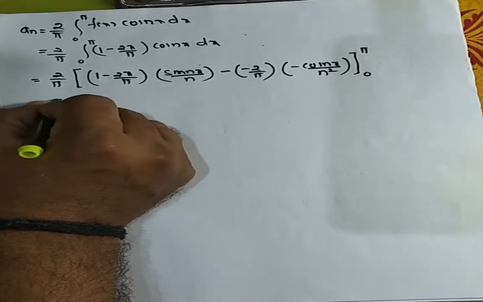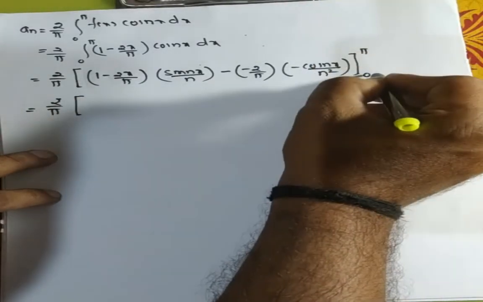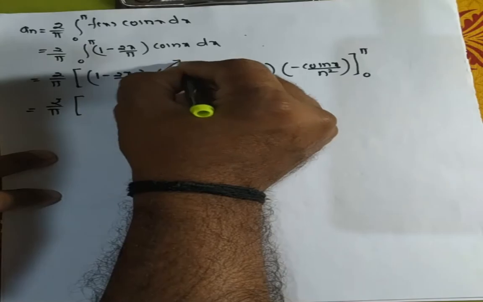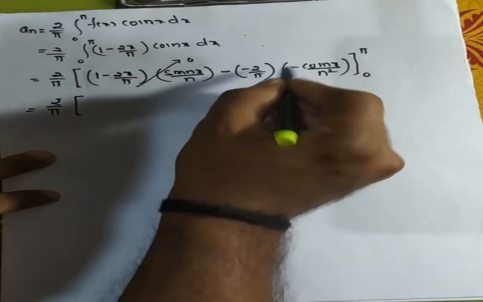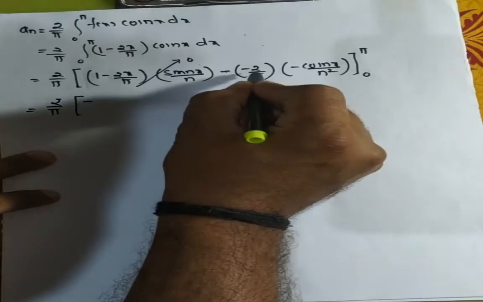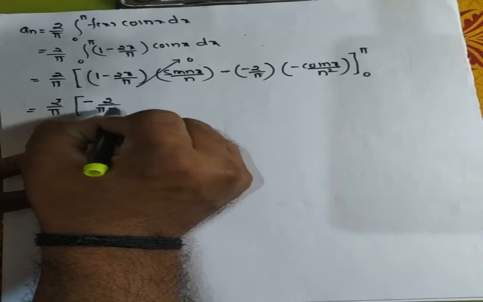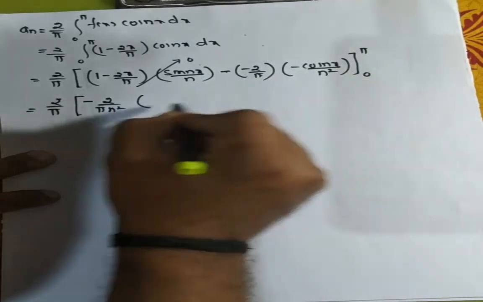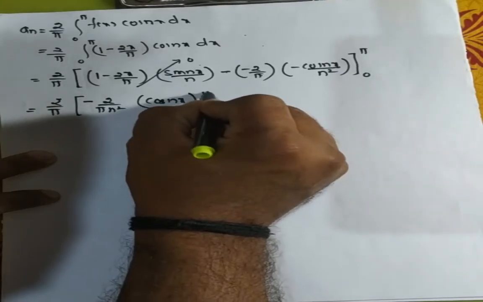So 2 divided by pi as it is, bracket. If you substitute the limits, the sine function becomes 0. What is remaining? Minus into minus is plus, plus into minus is minus, and the minus sign remains outside. 2 divided by pi n square is a constant. What is remaining here is cos nx, applying limit 0 to pi.